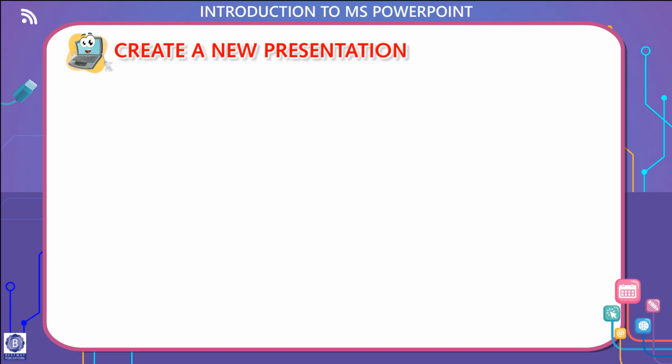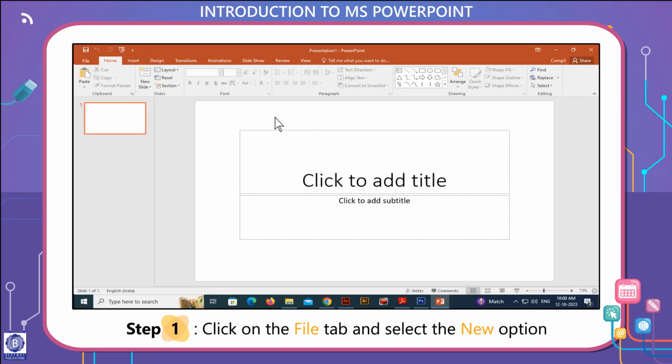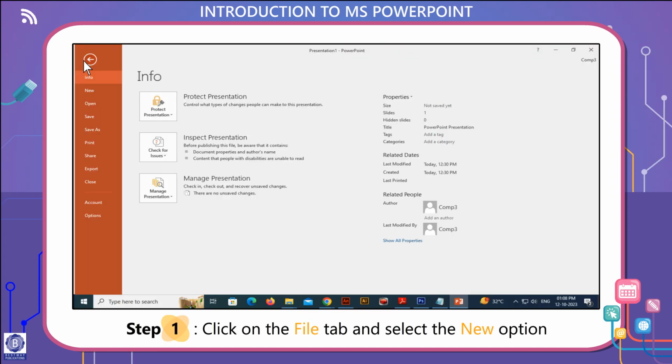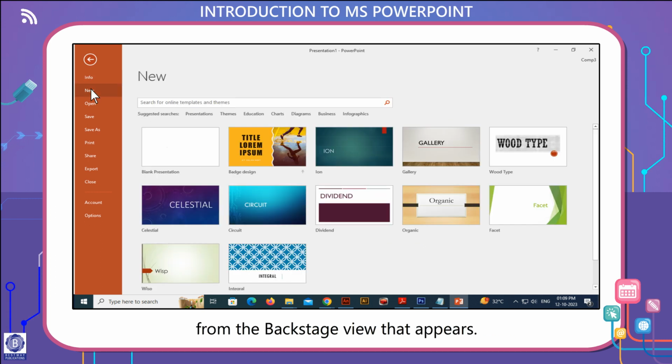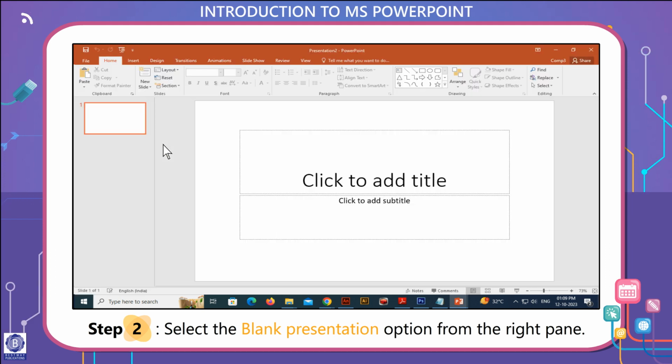Create a new presentation. To create a new presentation in Microsoft PowerPoint, follow these steps. Step 1. Click on the File tab and select the New option from the Backstage view that appears. Step 2. Select the Blank Presentation option from the right pane.